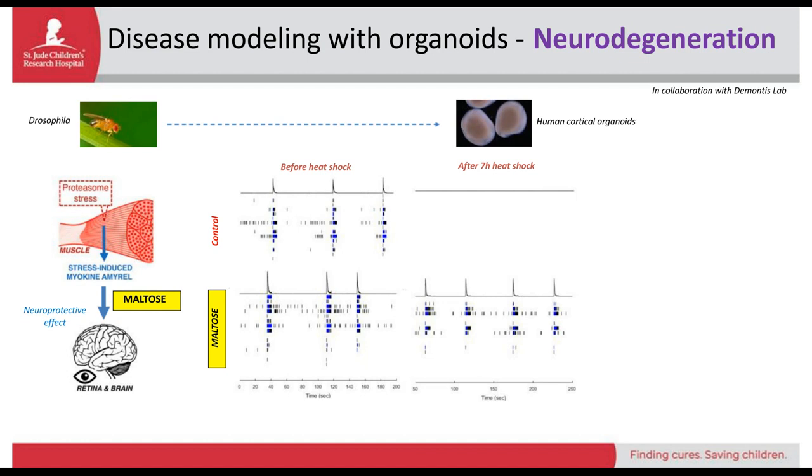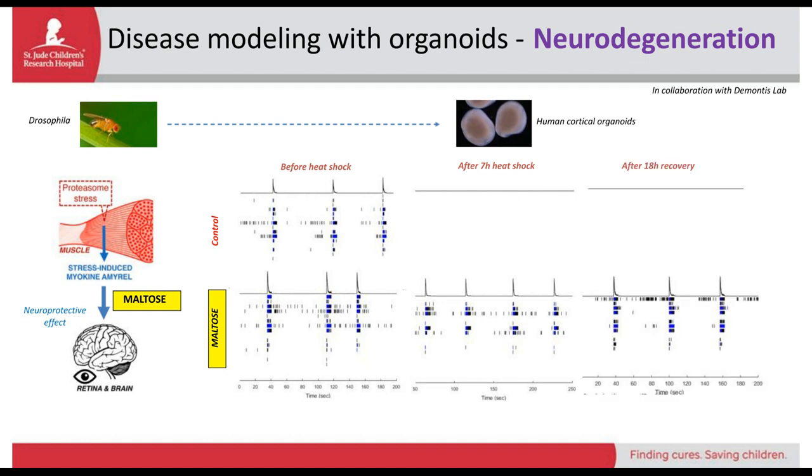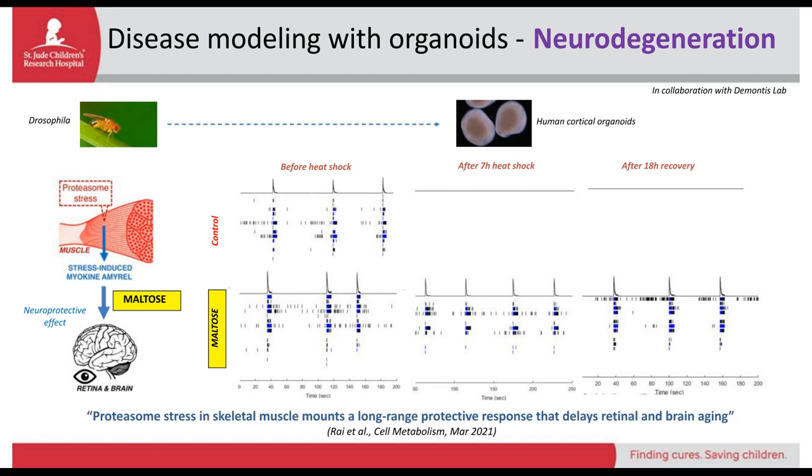And even after 18 hours of recovery following the end of the heat shock, the maltose-treated organoids still have strong spontaneous network activity, whereas the control organoids barely recovered any activity at all. We recently published this work in Cell Metabolism. This is a good example of how human brain organoids can be used to validate findings from a different model system, in this case Drosophila, which I think is pretty cool.